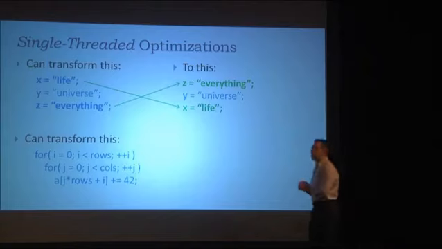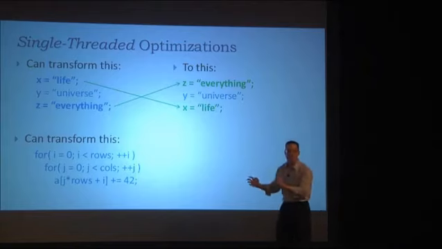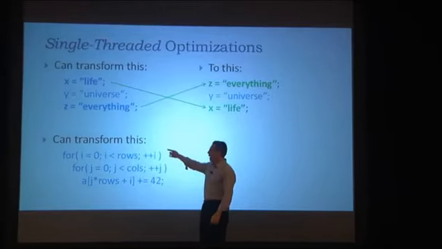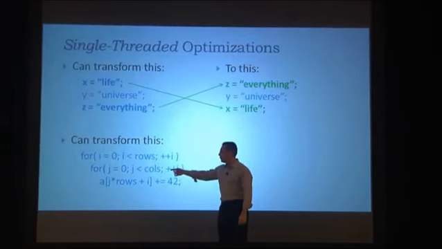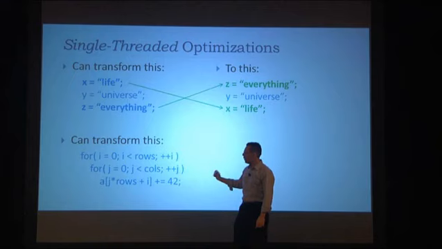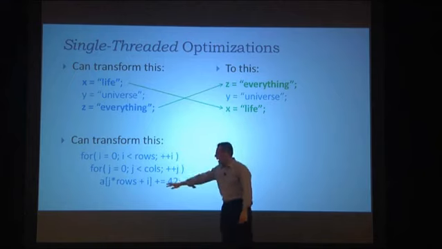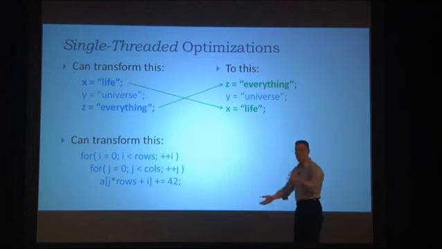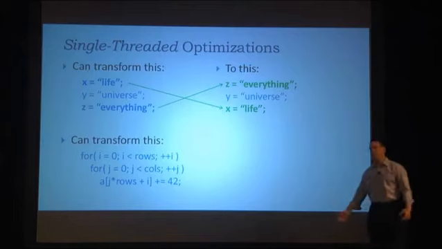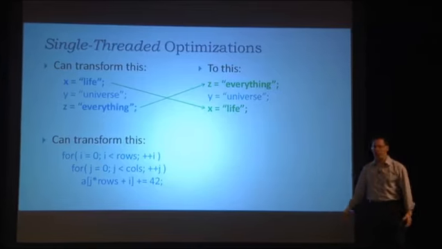Now here's a fun one, another one you really want your compiler to do for you. I'm going to say for i equals 0 to rows, for j equals 0 to cols minus 1, and I'm going to do something with this two-dimensional array and say add 42, because that is the answer, to every location in the array.